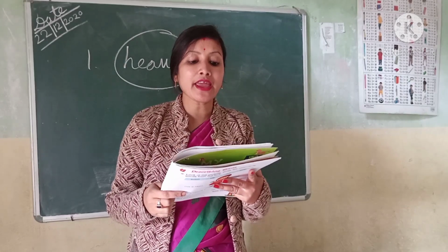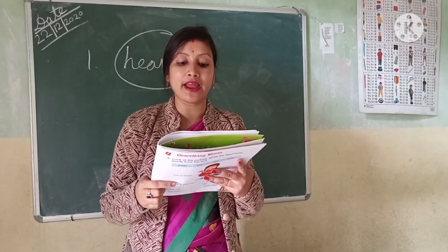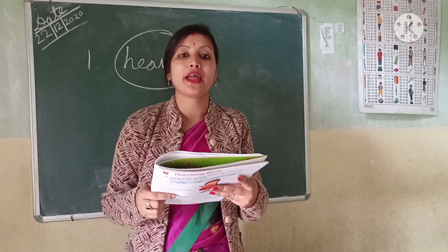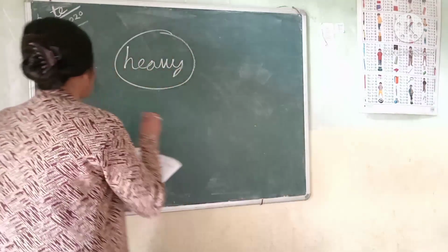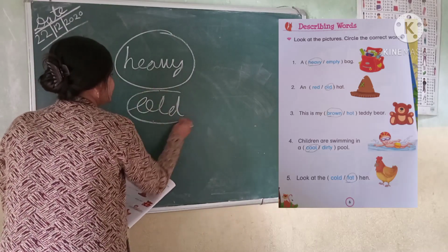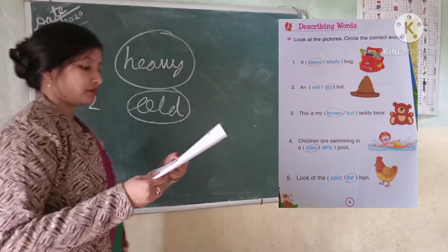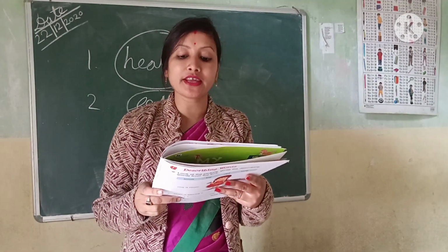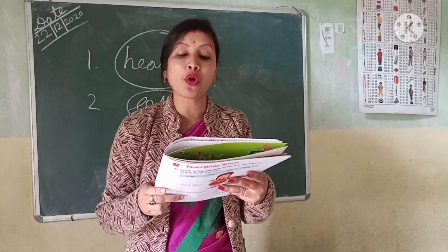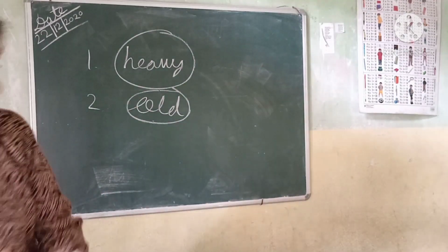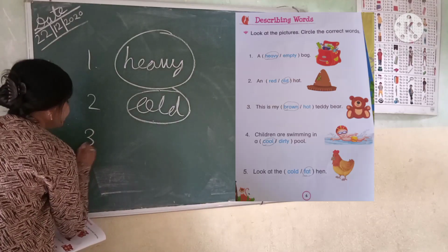Heavy bag. A red or old head. Is the head red in color or old? You have to circle old. This is my brown or hot teddy bear. Is the teddy bear hot or brown in color? The teddy bear is brown. So circle brown. Number 3 is brown.